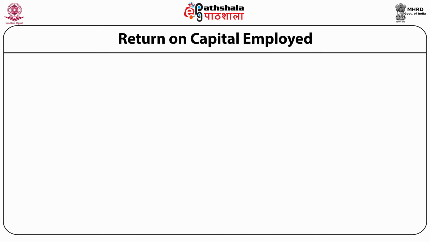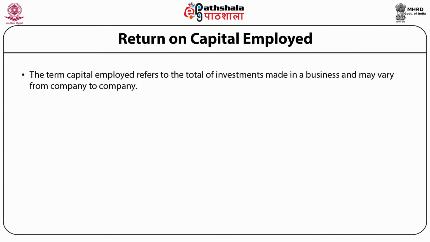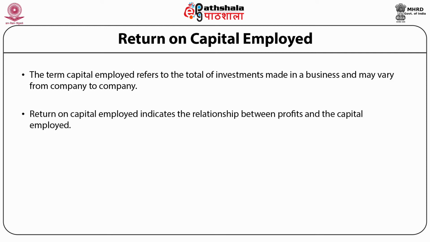Next ratio is return on capital employed. The term capital employed refers to the total of investments made in a business and may vary from company to company. Return on capital employed indicates the relationship between profits and the capital employed.